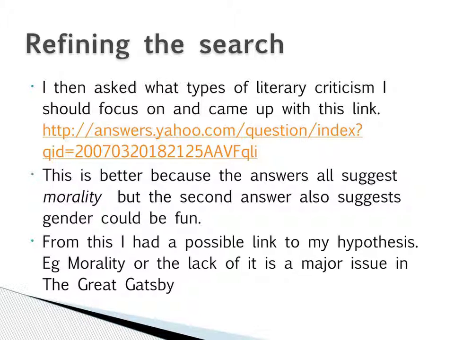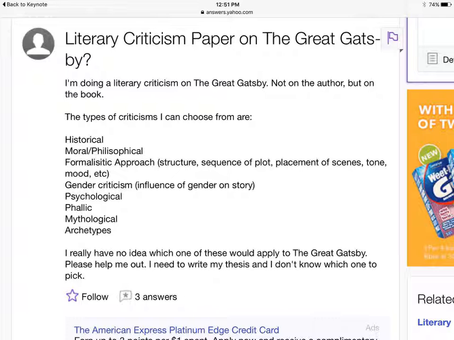Then I asked what types of literary criticism and came up with this link, which was really interesting because it looked at various words like morality, feminism, and so on. What really interested me were things like the whole idea of morality in The Great Gatsby, and I realised that would be a good starting point for formulating a thesis statement.